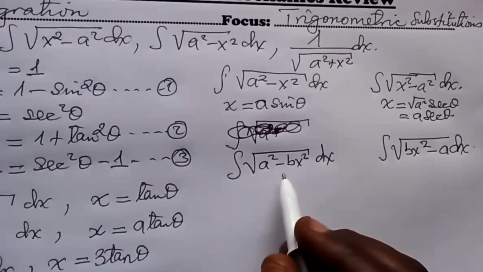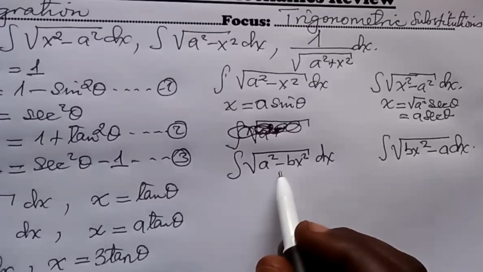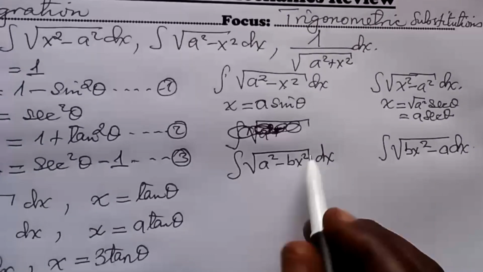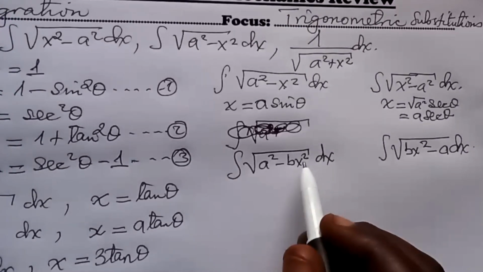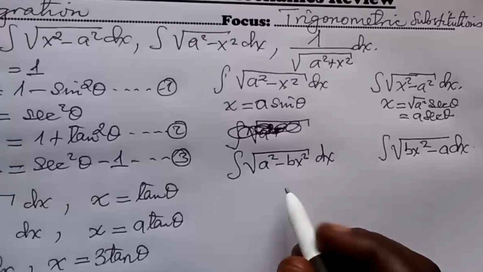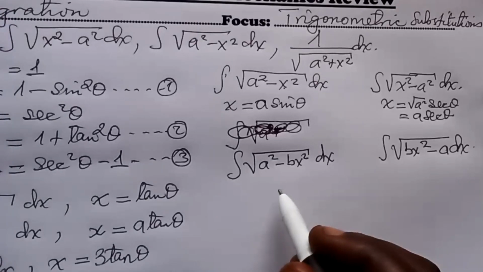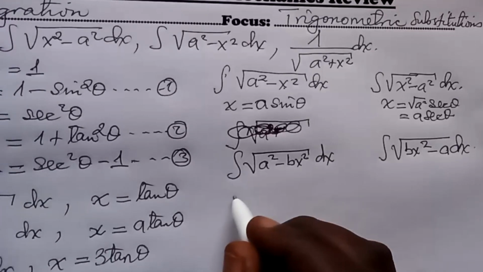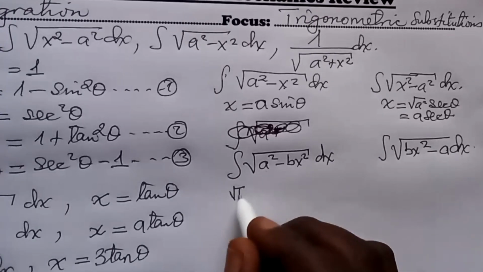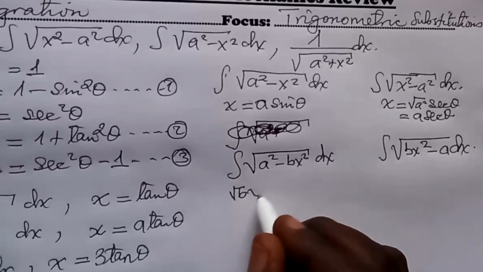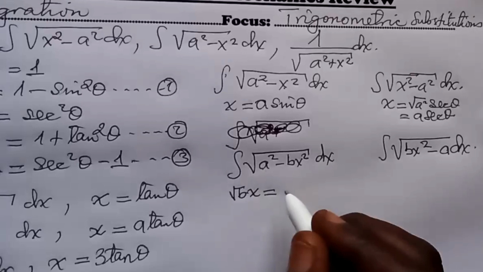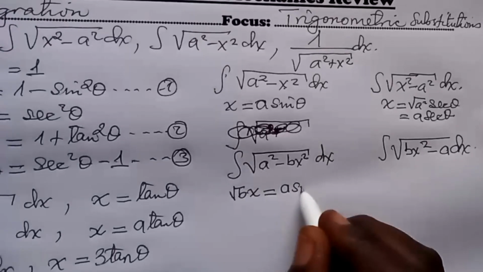So in this one, there is difference of two squares, and the term in x squared, or the term in the variable generally, is negative. Once it is negative, I am using sine theta. To tidy up the substitution, I have to find the square root of the variable term as my left hand side of the substitution. So I will write the square root of b and then the square root of x squared, which is simply x, equals the square root of the constant term, which is a, and then sine theta.